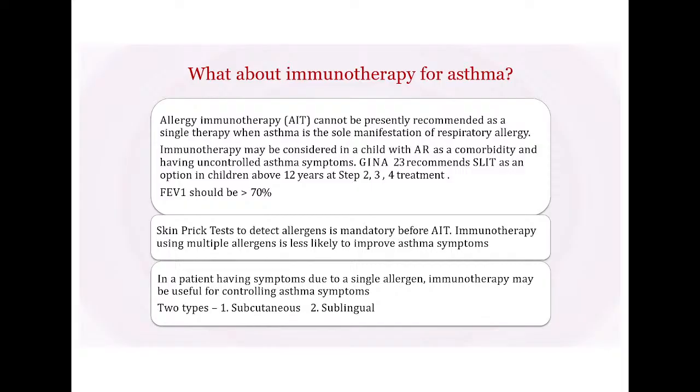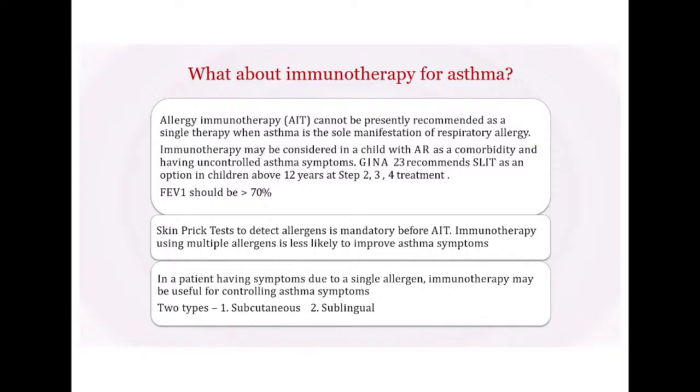Suppose the child also has allergic rhinitis as a comorbid condition, then GINA 23 recommends sublingual immunotherapy as an option in children above 12 years. So sublingual immunotherapy for asthma if the child has associated allergic rhinitis, is above 12 years of age and on step 2, 3, 4 of treatment, then we can try sublingual immunotherapy in these cases.